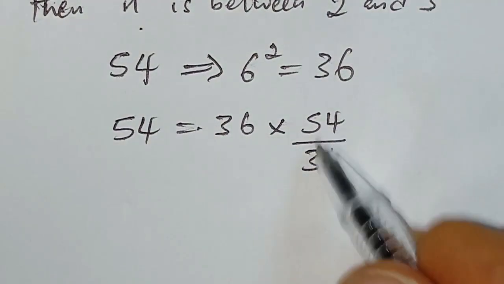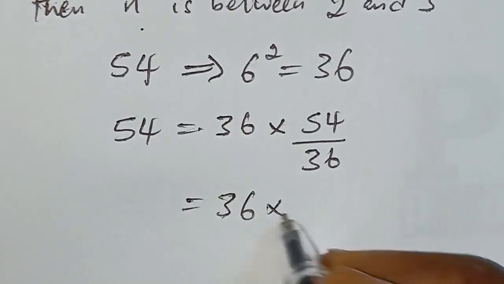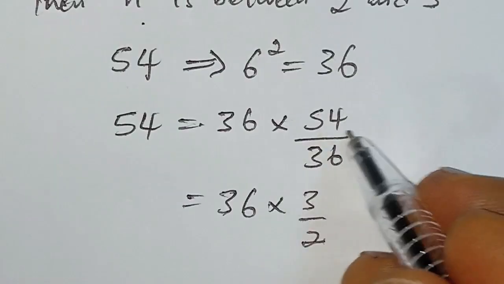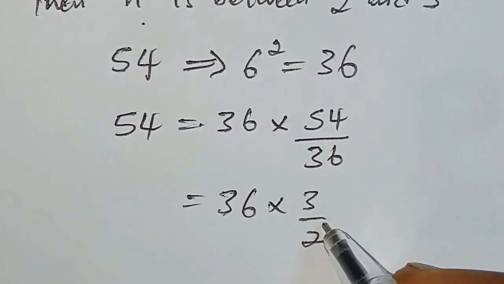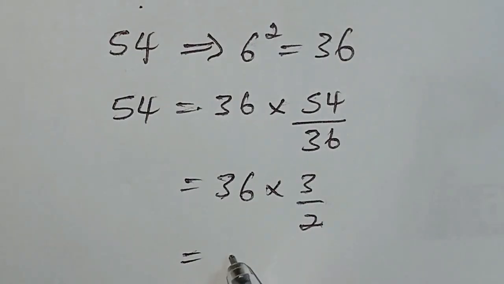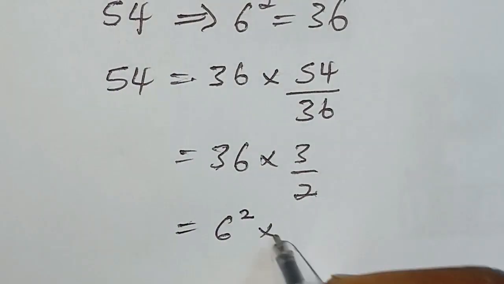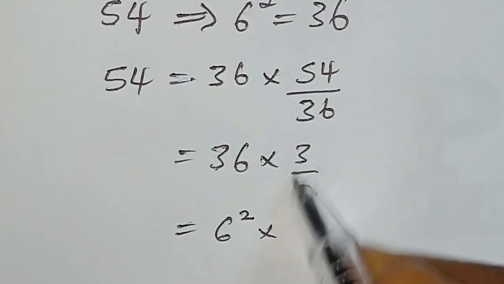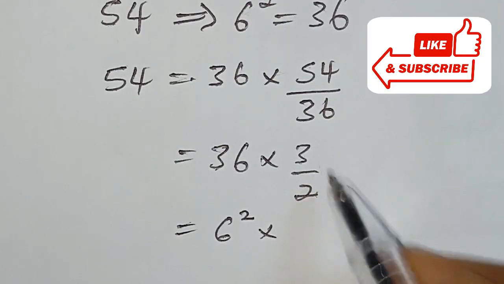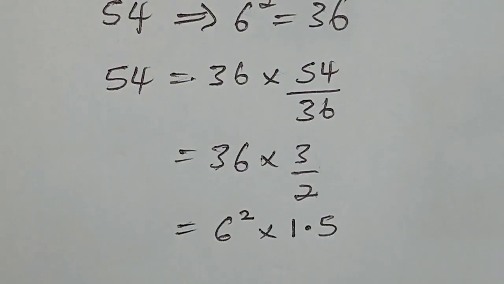Here, this part can be simplified as 36 multiplied by 3 over 2. If we simplify this, we have this. And this is also written as 6 to the power of 2 multiplied by this in a decimal form, which is given as 1.5.